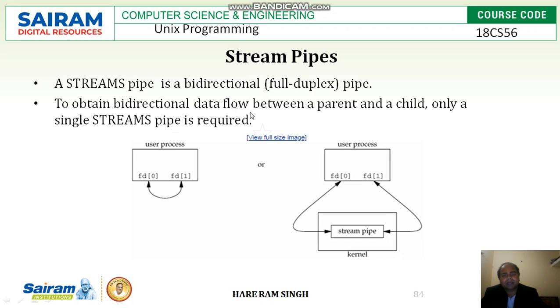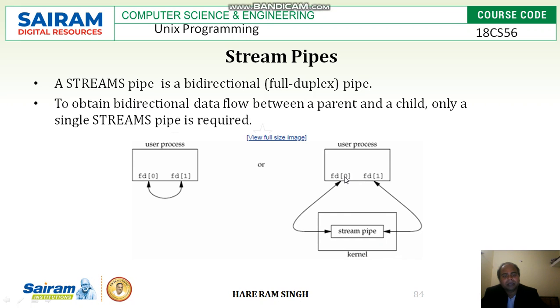So, to obtain bidirectional data flow between a parent and a child, only a single stream pipe is required, like here. In both directions, using FD0, data can be sent to FD1, and FD1 can also send data to FD0. Similarly, here it is a stream pipe.